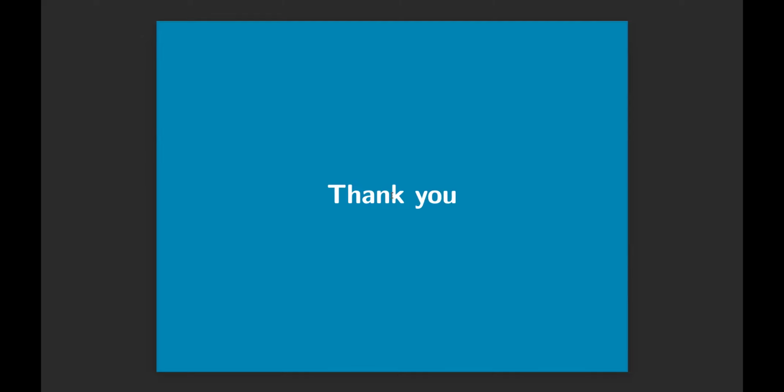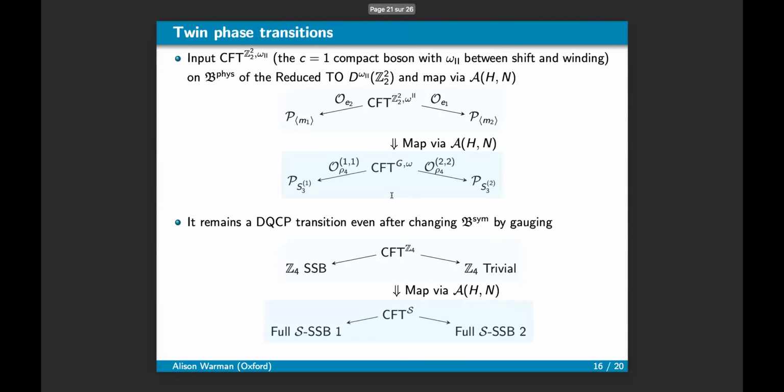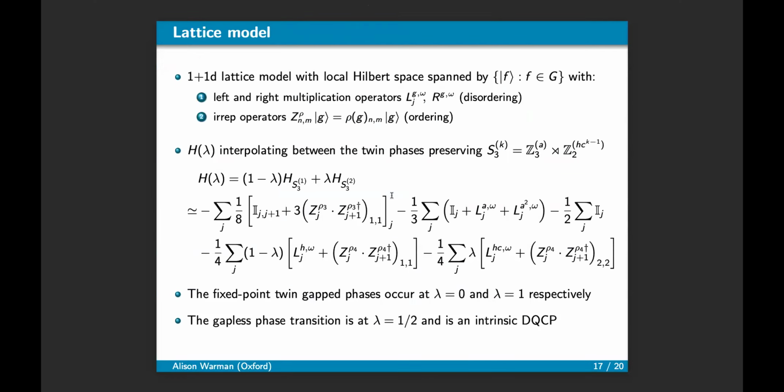So we know the critical point because we know the relevant operator. Yes, exactly, we know the relevant operators. They are basically these two Z2. The operators are like Z_{j,j+1} for representation rho. You can write these very explicitly.